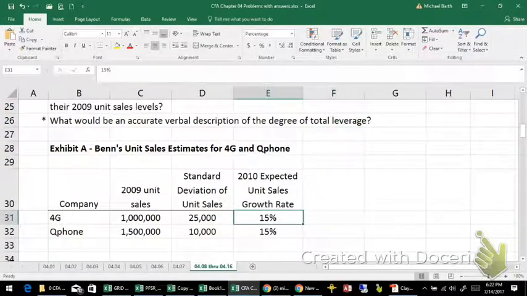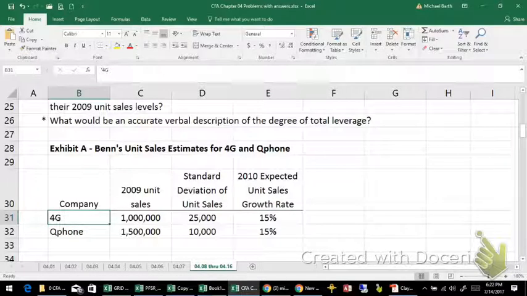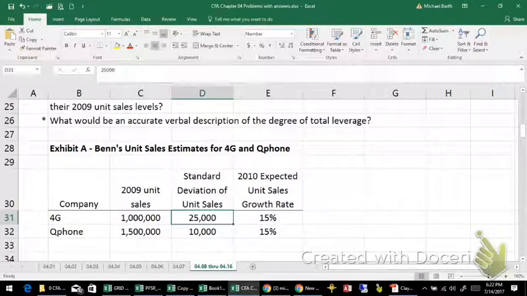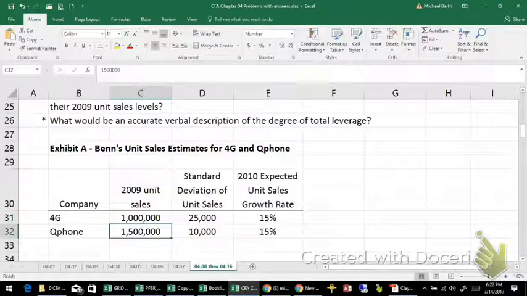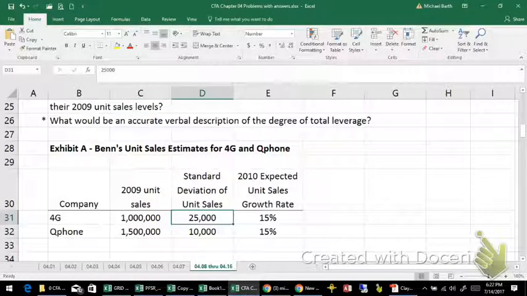And her estimates in here for both companies, she has sales estimates plus the standard deviation of sales. So she expects $1 million in sales for 4G. The standard deviation of 25,000 refers to how far off the estimate of 1 million could be.